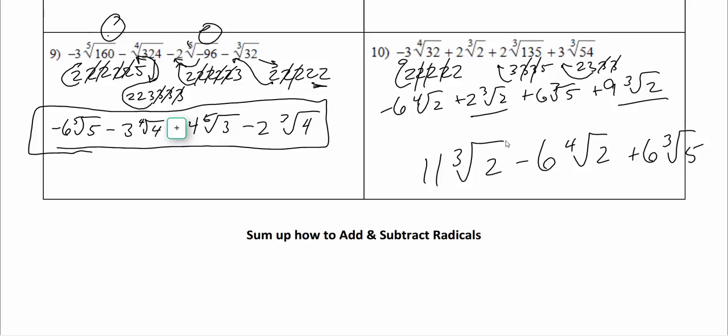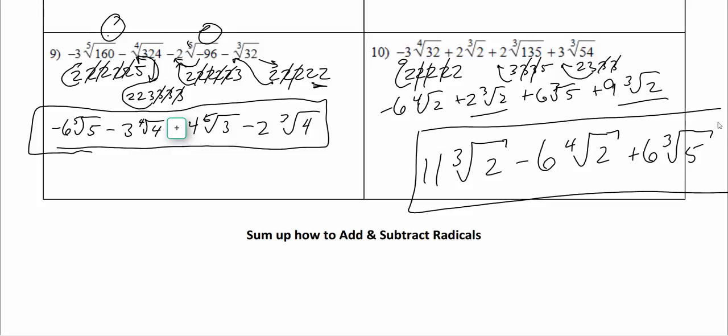You might see me sometimes put a little hook on my numbers here. I haven't been doing it lately, but I tried to. What I do that for is that it shows me as the person writing it and the person reading it that that's the last number inside. Sometimes we will write our answer this way, and I don't want us to because this is not right.